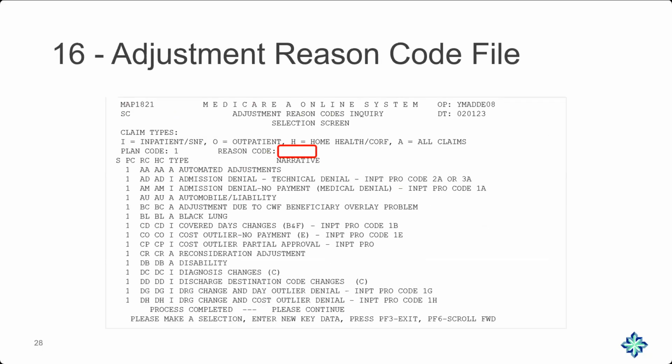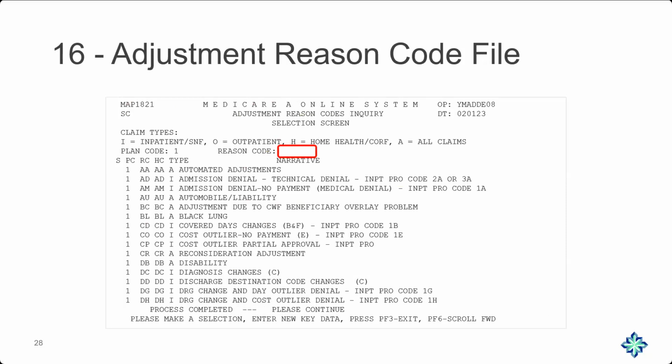Next I want to talk about the adjustment reason code file. What do you do if you don't know what to put in that field? Well, part of the inquiry within DDE has a particular screen or file that you can go to. And this is an example of that. This is the screenshot.